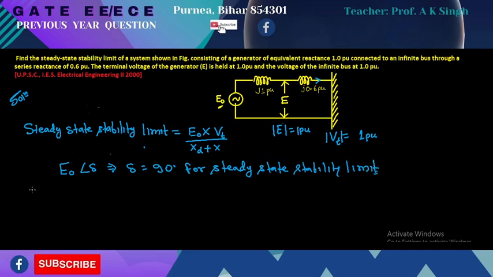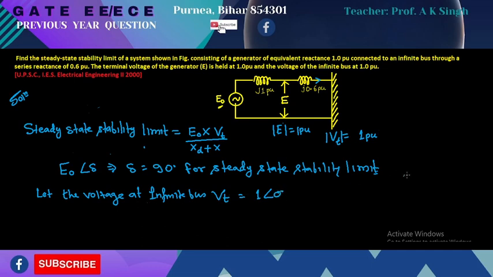Suppose the voltage at the infinite bus Vt is 1 at 0 degree.